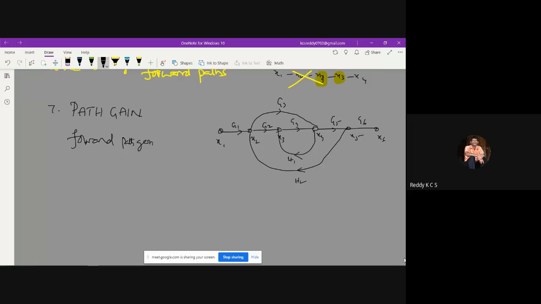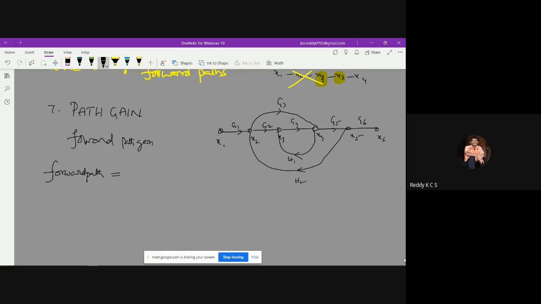So forward path gain, in the sense, is the product of branch gains while going through a forward path. First I write the forward path. What is the forward path? A forward path is from the input node to the output node, how we are reaching.